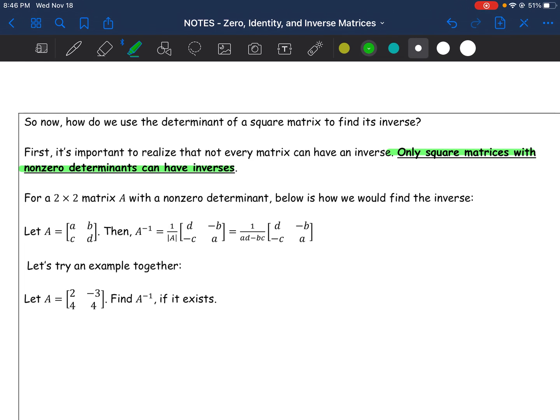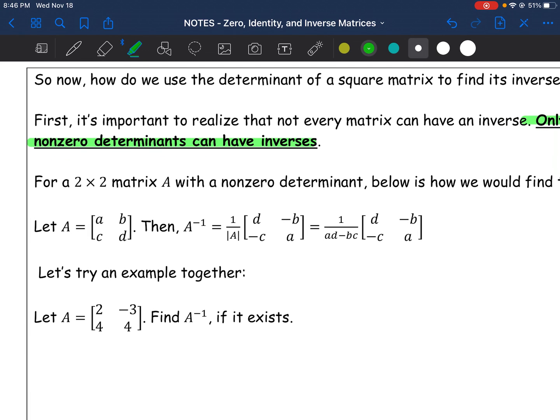The reason for this is because when we calculate an inverse matrix, we're going to be calculating with 1 divided by the determinant. And if the determinant is equal to 0, well, we know that we can't divide by 0. So in that case, the matrix wouldn't have an inverse. So for a matrix to have an inverse, we must have a square matrix, and the determinant cannot be 0.